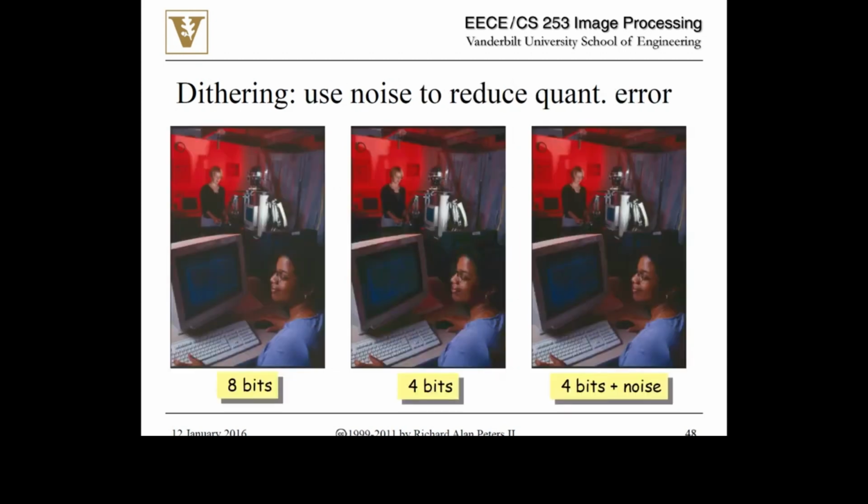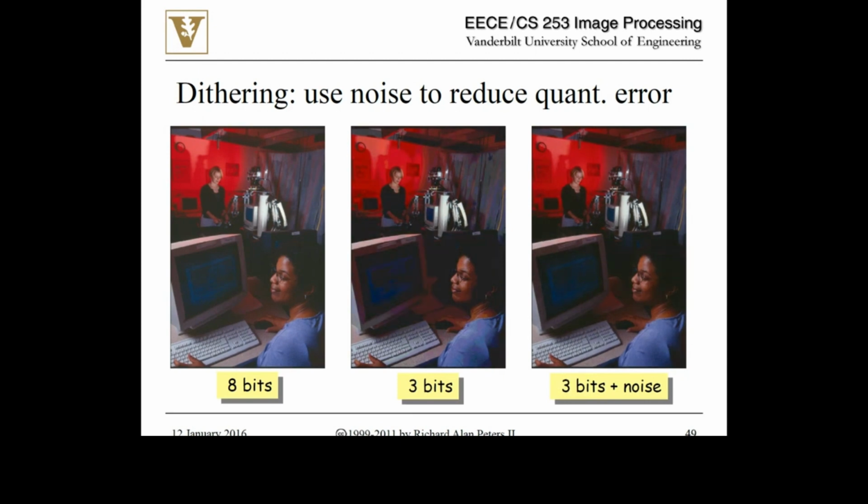And let us see the result. For instance, this is our original image with 8 bits, then we quantize directly to 4 bits, and we quantize to 4 bits plus noise. We cannot see much of a difference again, probably because 4 bits is already good enough to represent an image. But now you do it with 3 bits.